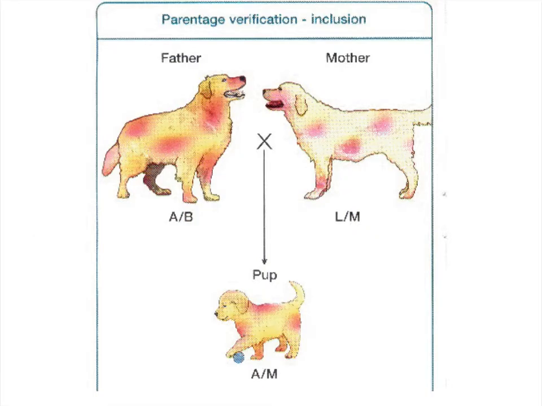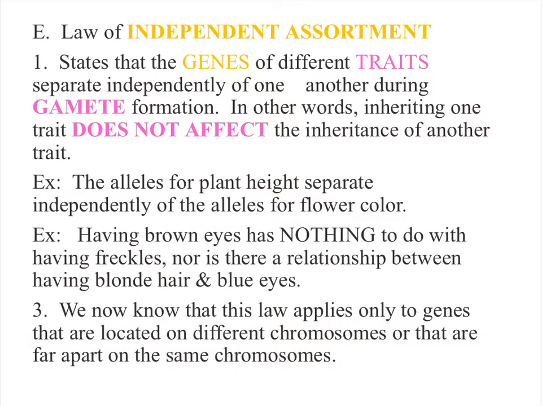This is just showing you that if dad has genes A and B, and mom has L and M, the baby might have different combinations of that. A from dad, and then M would have come from mom. That brings us to the law of independent assortment.